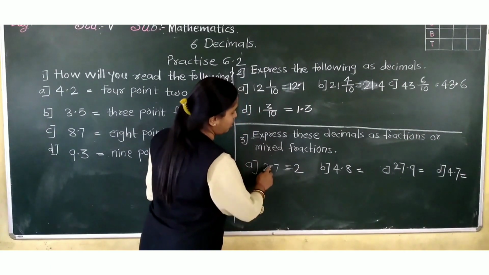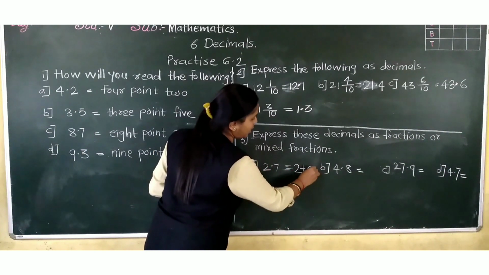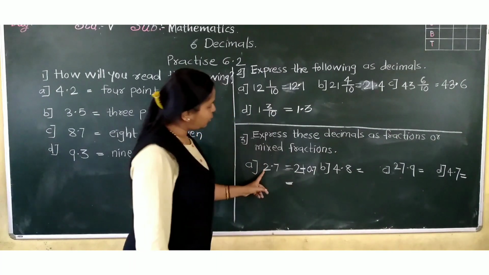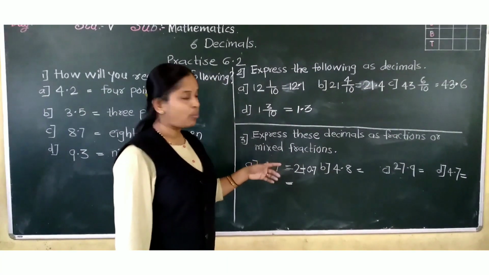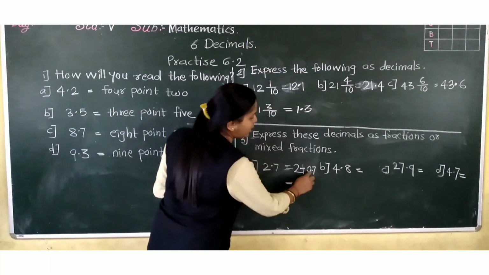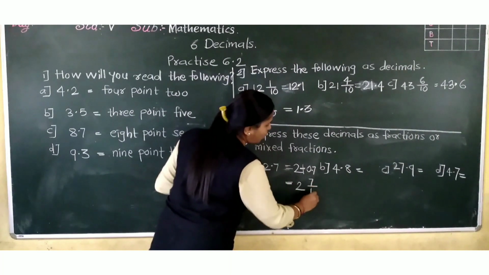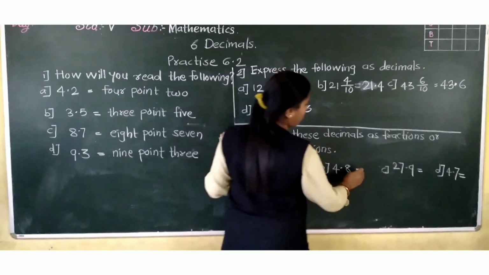After 2, what it will remain? 0.7. Correct? See here, 2 plus, how to write it in the decimal point? 0.7. Now see, 2 and 0.7 means what? 7 upon 10. Correct?